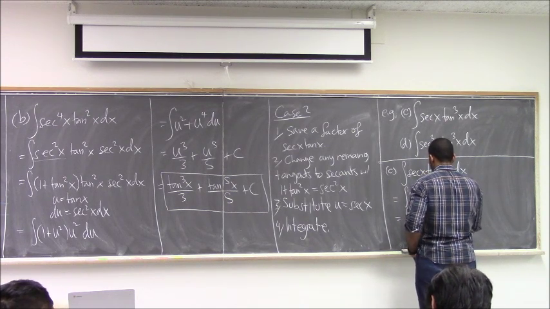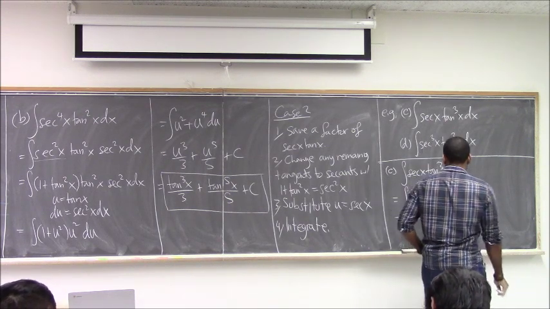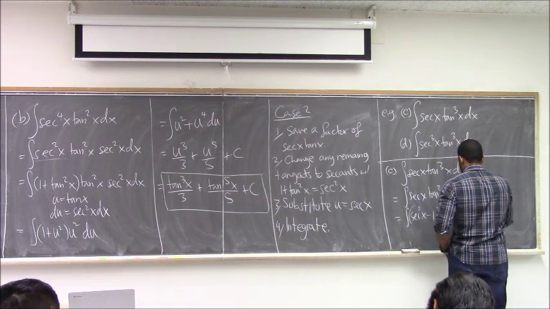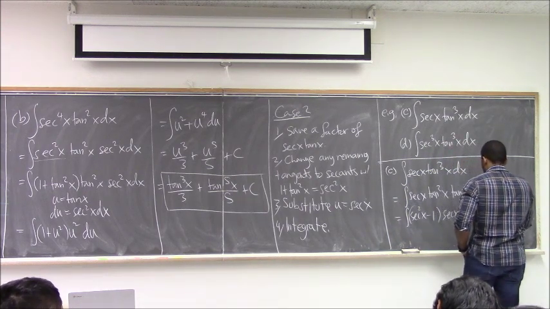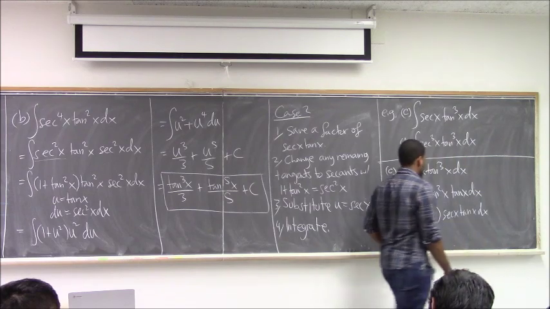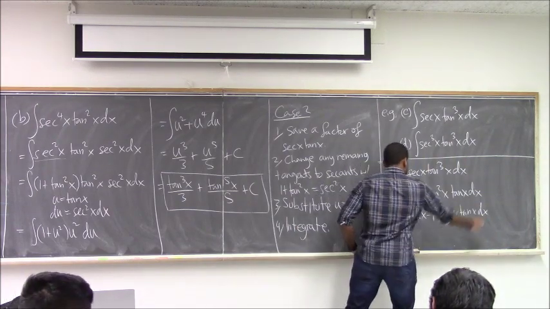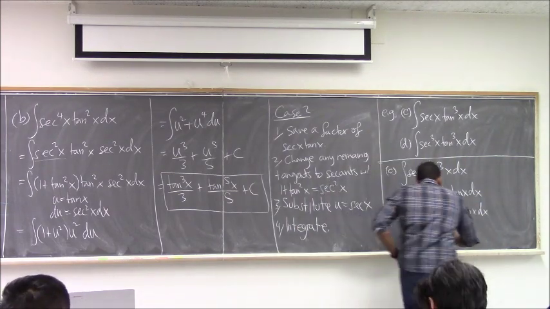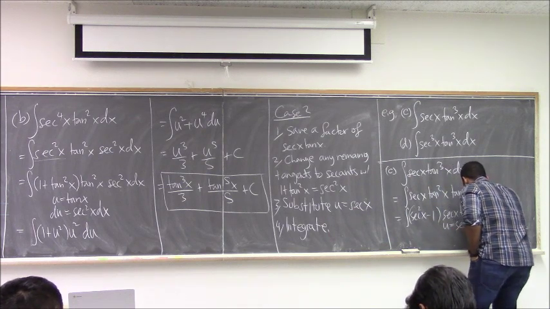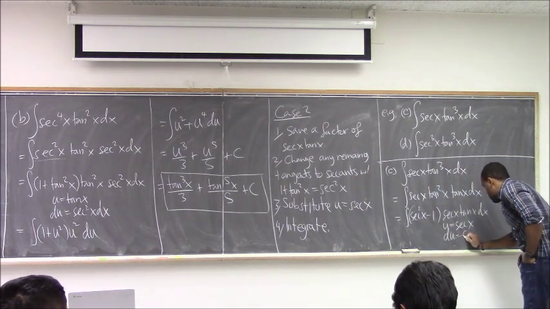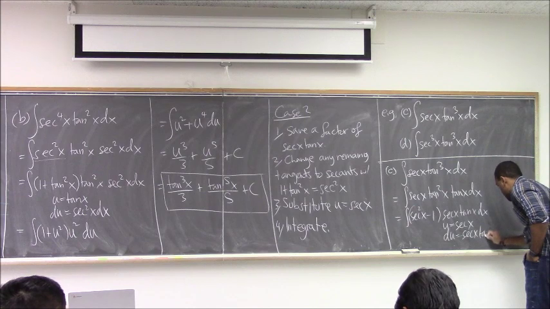Secant squared minus 1 gives us the tangent squared. Now you can make u equal to secant x, and save a factor of secant tangent over here. So now u equals secant, and your du is going to be that secant tangent.